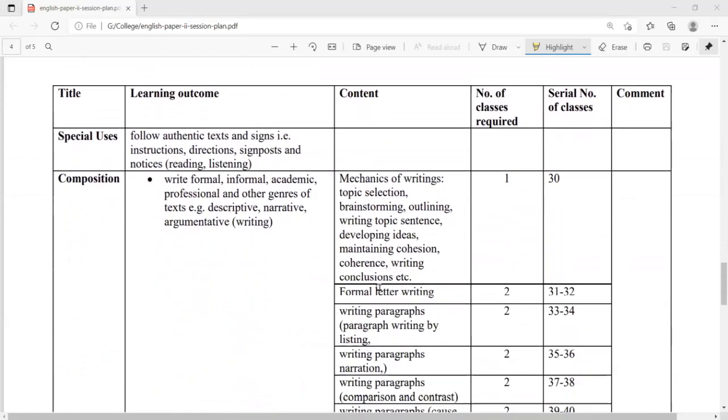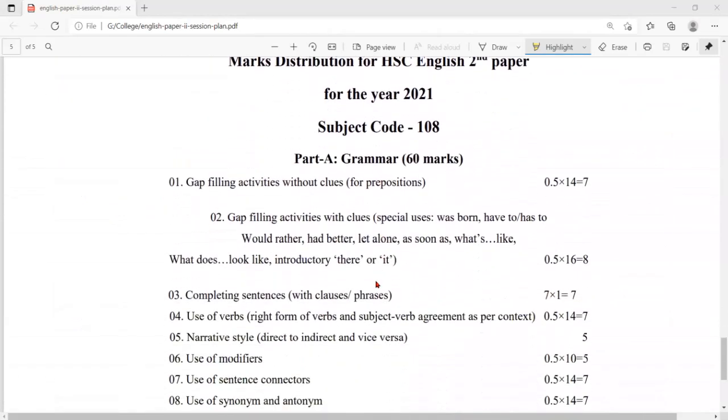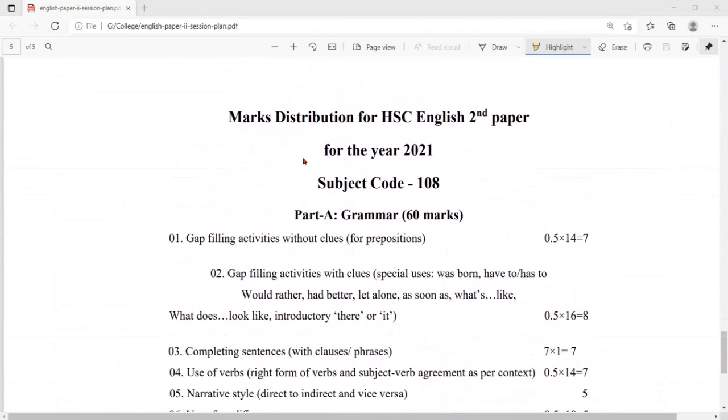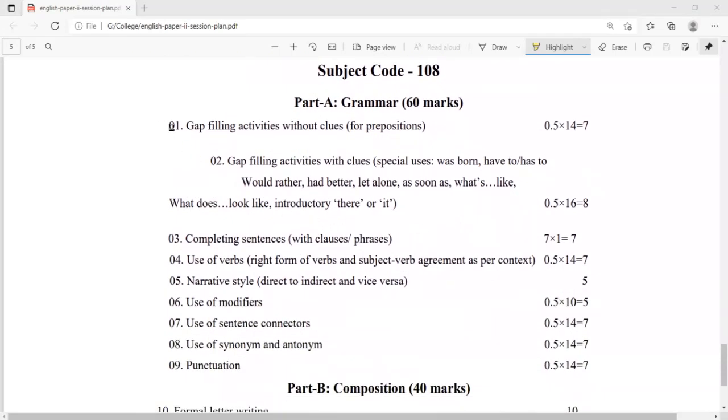And if we especially look at the marks distribution, you will find the 9 different topics you have for your examination that is going to be taken in 2022. And here in number 8 you will find use of synonym and antonym.